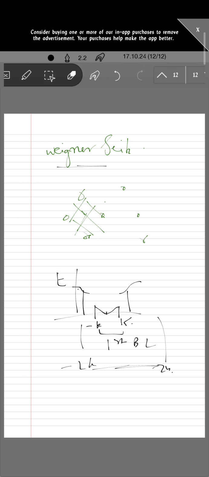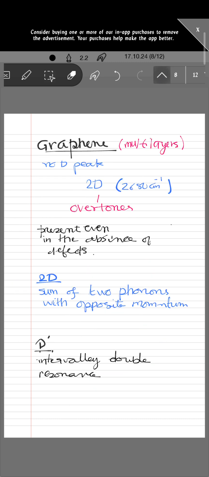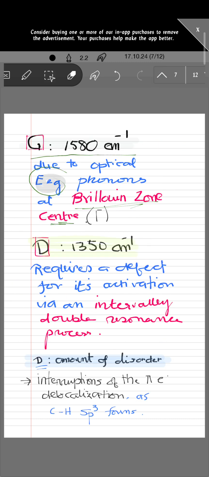Similarly, this E2g band is due to phonons, that is lattice vibrations at the Brillouin zone. They give rise to the G band, the stretching modes.